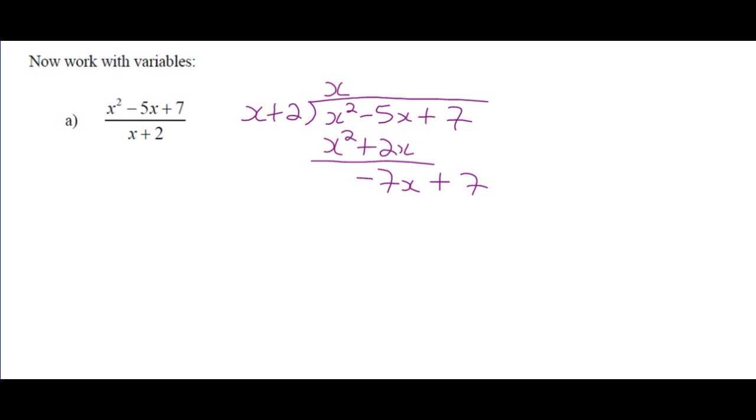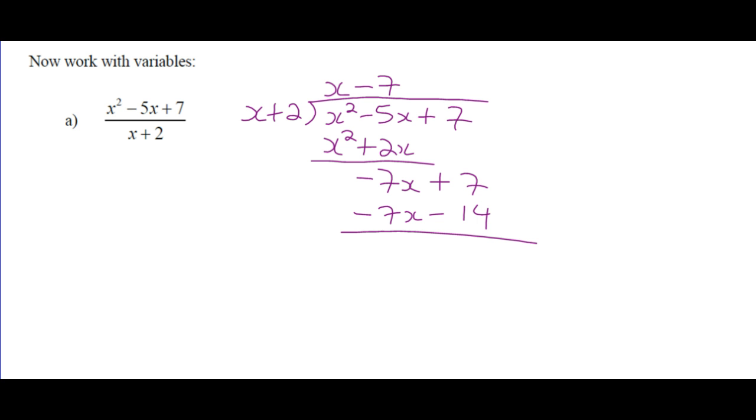X goes into negative 7x how many times? Negative 7 times, right? You just take negative 7x divided by x, you get negative 7. So minus 7. Negative 7 times x plus 2 is negative 7x minus 14.